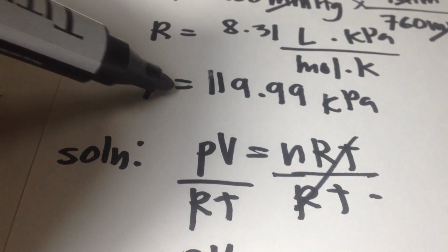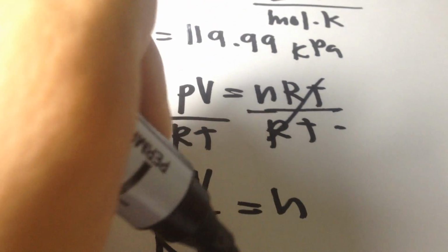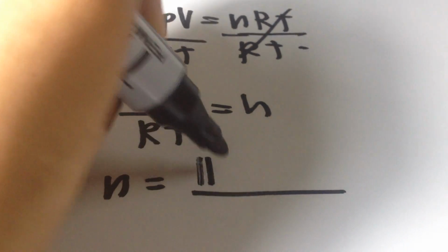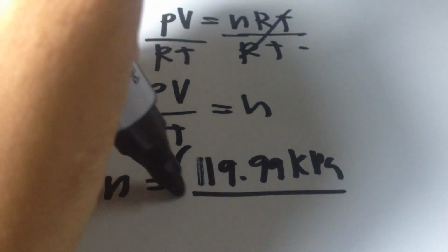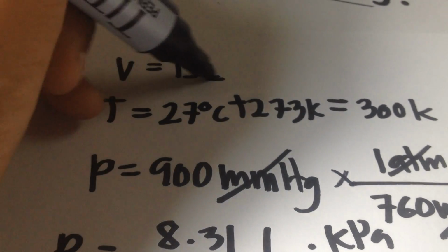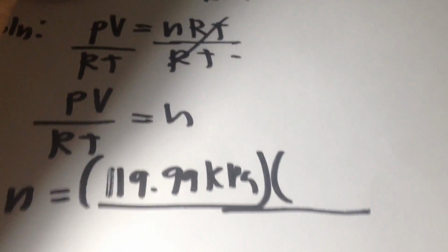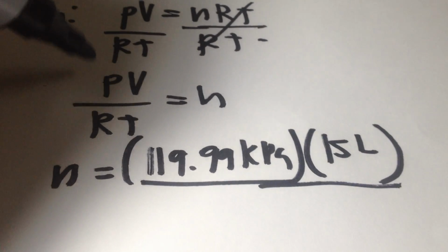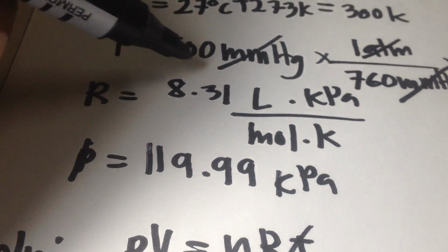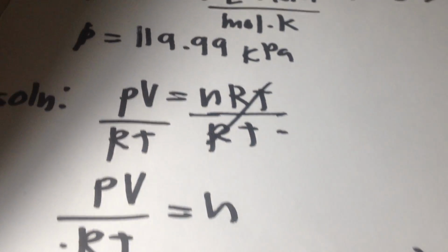So n is equal to, what is the pressure? 119.99 kilopascal times the volume here. The volume is 15 liters of ammonia. And the R, which is the constant, 8.31 liter kilopascal over mole Kelvin.